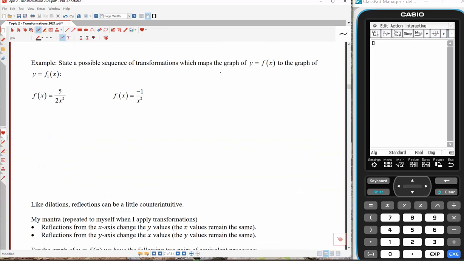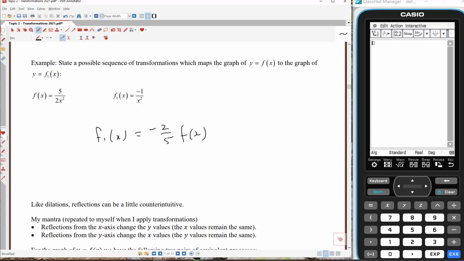State a possible sequence of transformations which maps this f of x onto this. What we'll do is f1 of x can be created, and we're going to do this by recognition. All I'm going to do is multiply this by 2 on 5, negate, and write f of x. So basically, I'm suggesting if you multiply f of x by 2 on 5, those will cancel out and that'll be 1 over 1, and a negative as well.